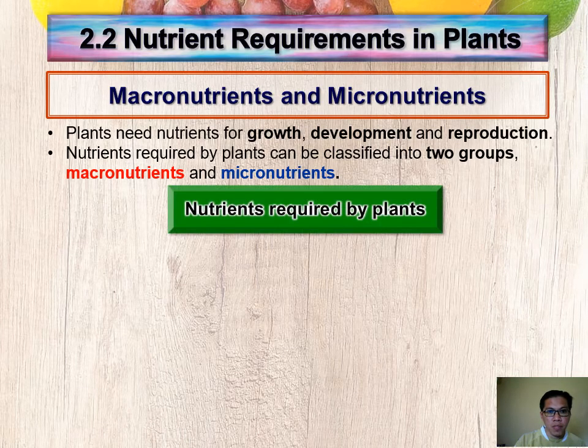Macronutrients means large, and micronutrients means small. So when we talk about macronutrients, we mean the nutrients that are required in a large amount, while micronutrients are nutrients that are required in a small amount.